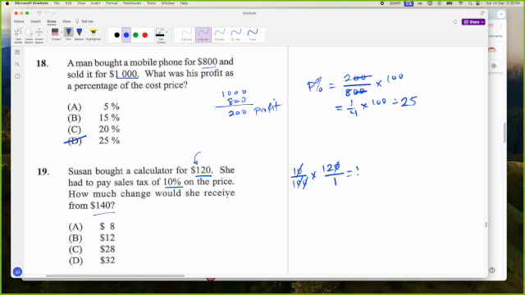So that is $12. So she has to pay 120 plus 12. So this is 132 is how much she pays, and 140 minus 132 means she would get $8 change. A.